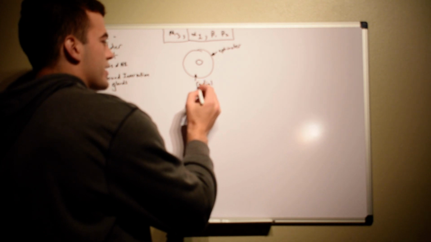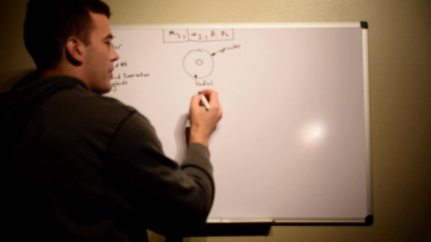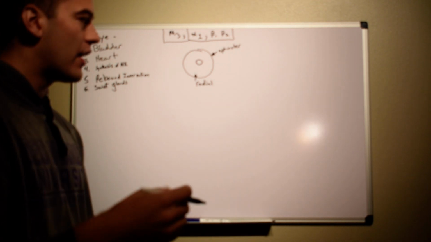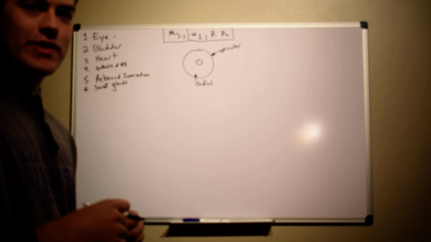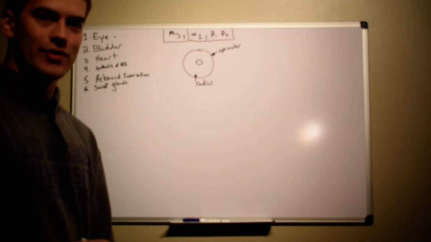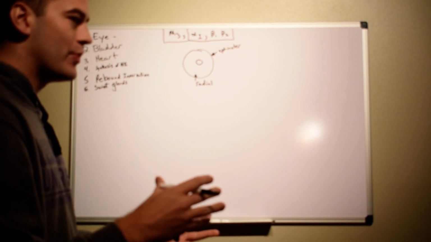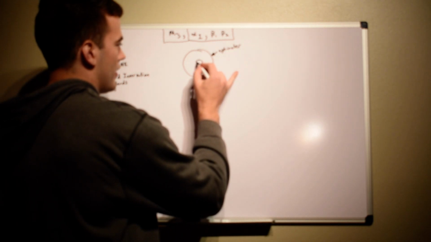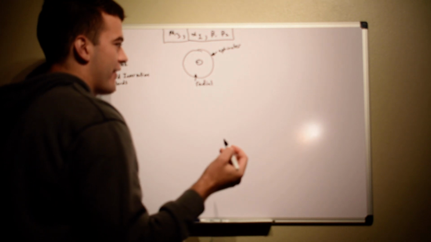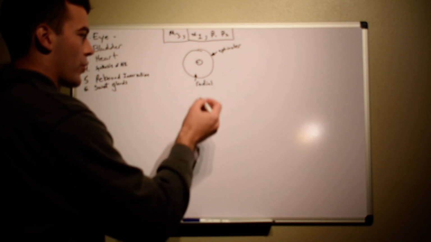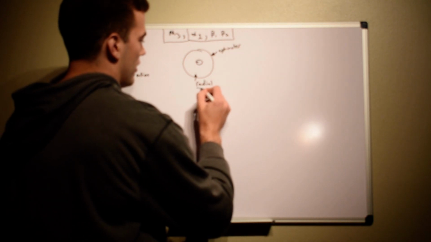So the radial muscles are going to be responsible for opening up the pupil. They're going to increase the radius of the pupil. So what's the radius? Remembering back to high school geometry, it's half the diameter of a circle. So we're going to increase that radius using the radial muscles.